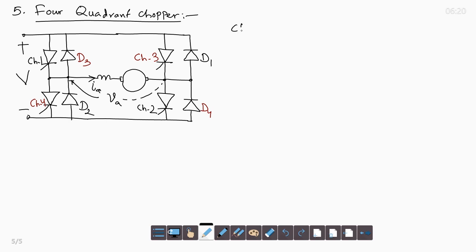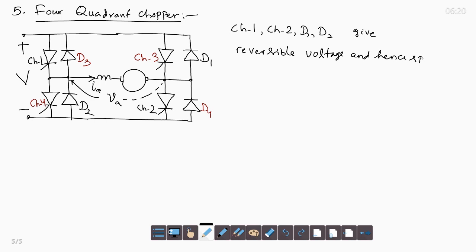In this, CH1, CH2, D1, D2, these switches give reversible voltage and hence reversible speed, but positive motor current.